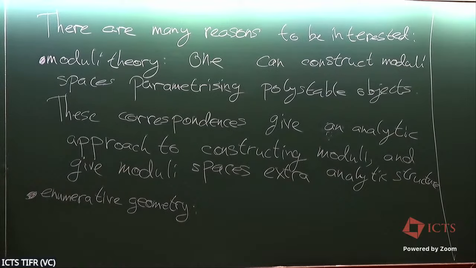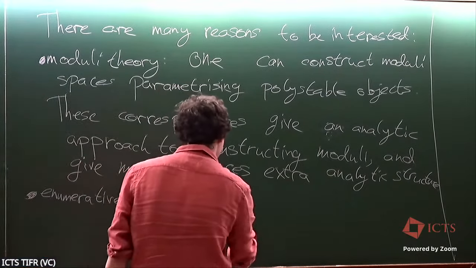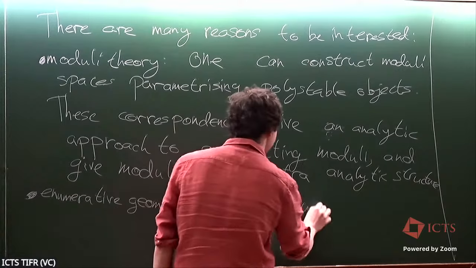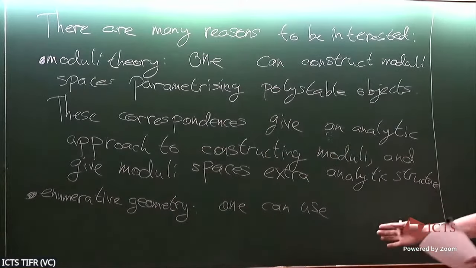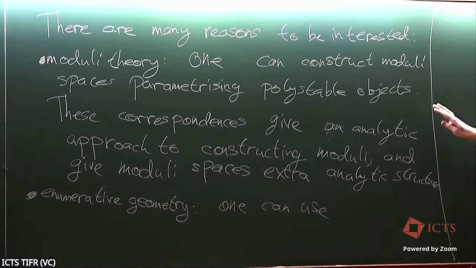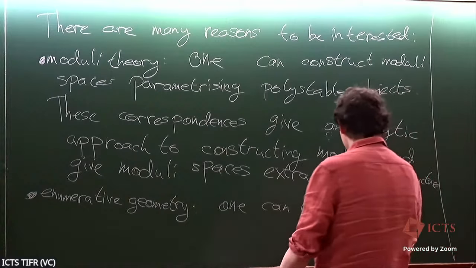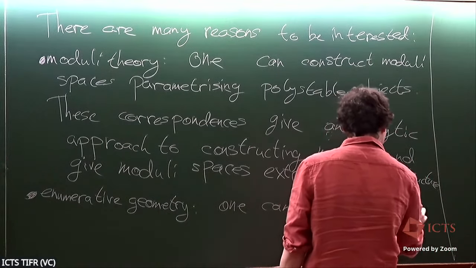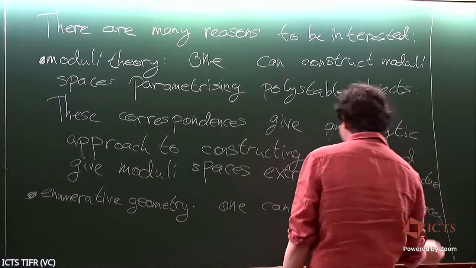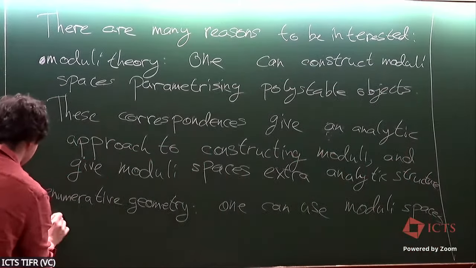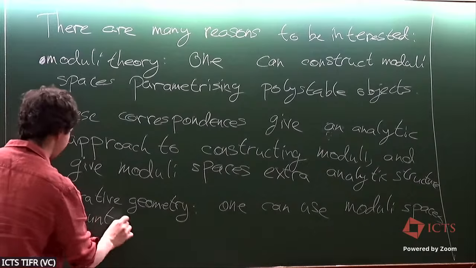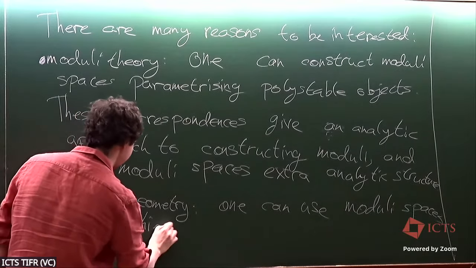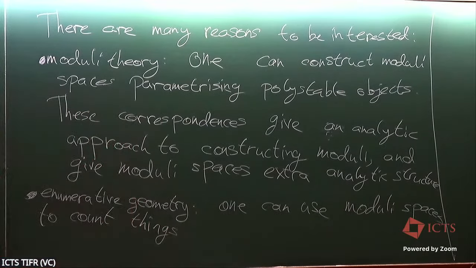It's a prominent theme. So one can use moduli spaces, but we learned that to construct moduli spaces, we should restrict what we're actually parameterizing to these stable ones. So one can use moduli spaces to count things. And what it is that we're counting is probably too broad to specify in any generality.